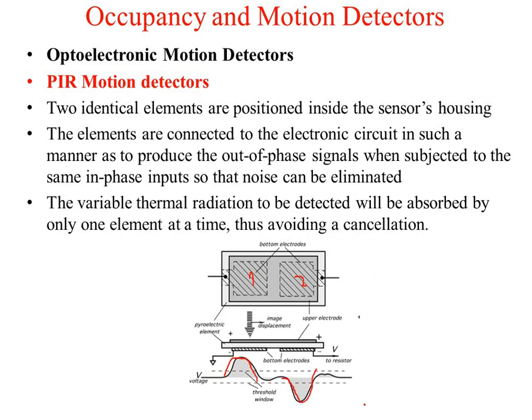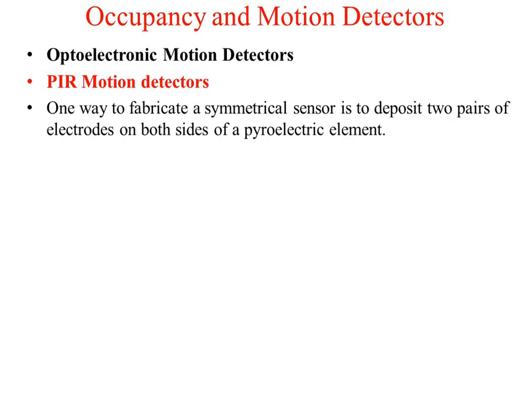So you can see how exactly they are connected to the circuit. This is the example shown with the help of the cross-sectional area of the sensor, how the pyroelectric material is connected to the electrodes in opposite directions.